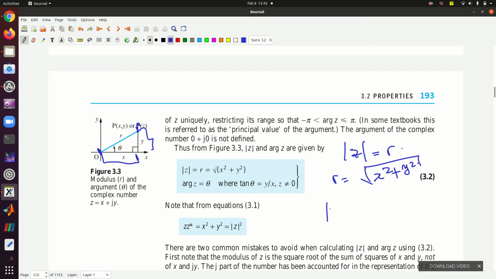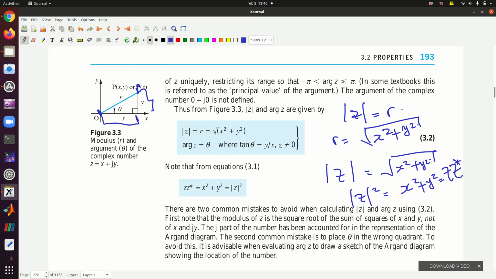So we also have a relationship: since the modulus of z is the square root of x squared plus y squared, we can square both sides, and then the modulus of z squared is x squared plus y squared, which is the same as z times z star. That is the relationship they deduce here.